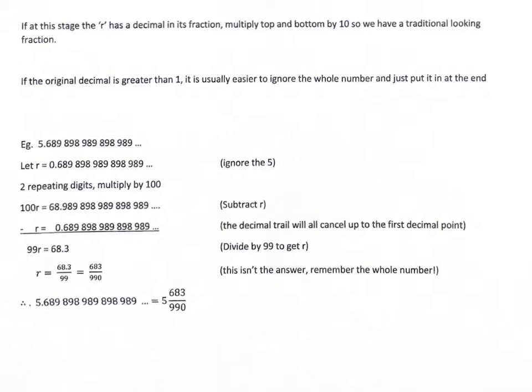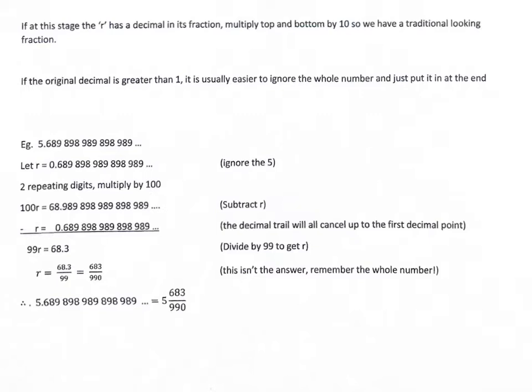So the next example is 5.6898989, so the 8 and the 9 are repeating, so that's 2 repeating digits. We're going to ignore the 5 and say that R is equal to 0.6898989, and so on. There's 2 repeating digits, so we multiply by 100.